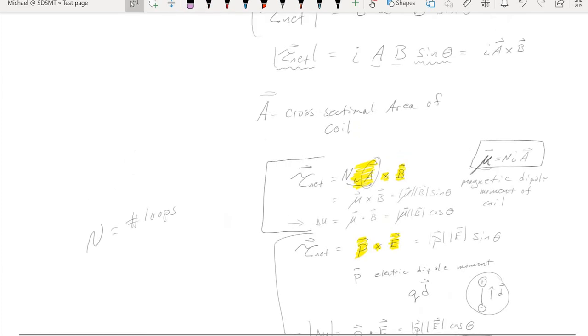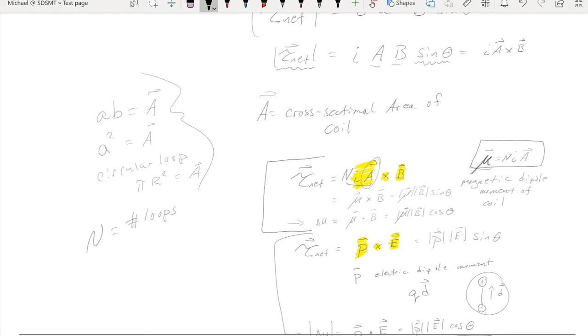The reason that we want to write this as A is that it no longer matters that we have a rectangular loop. I could have had a square loop where all four sides were equal to A. I could have a circular loop. In that case, the cross-sectional area would be pi r squared.